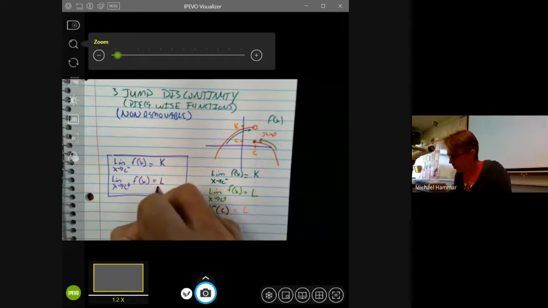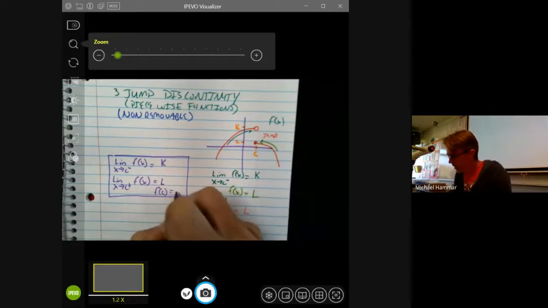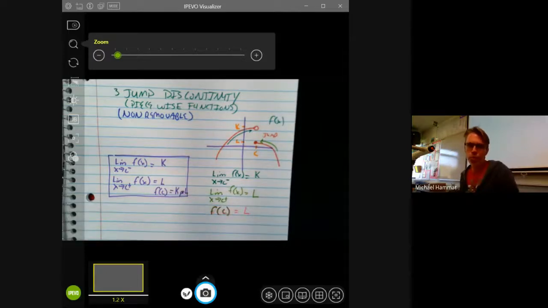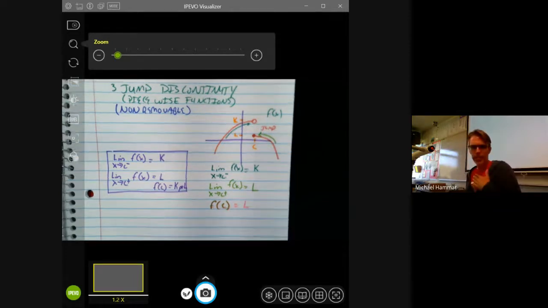But you also will notice that f of c equals either k or L. It doesn't matter which one. It's just where you end up putting the closed dot. So in a jump discontinuity, the limit from both sides ends up being different values. Okay? So that is what defines a jump discontinuity.